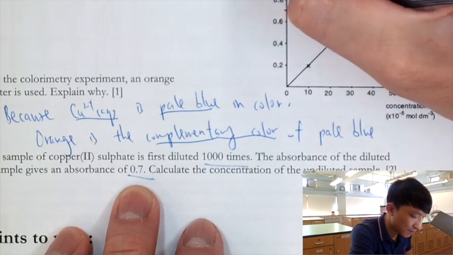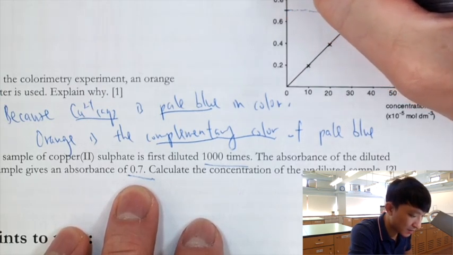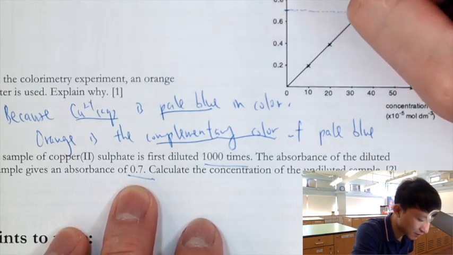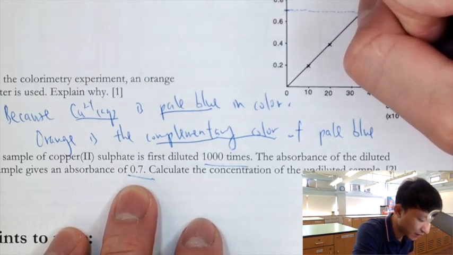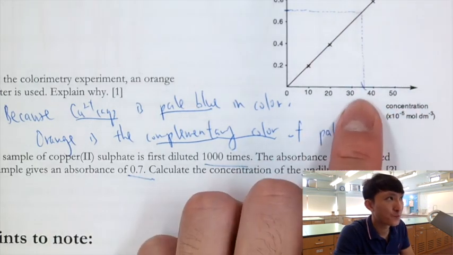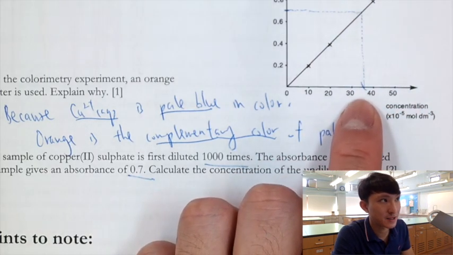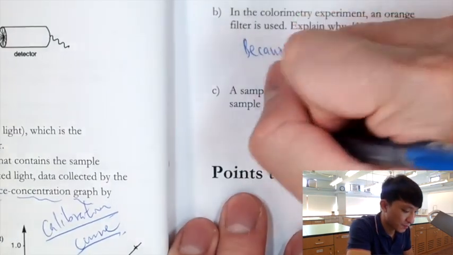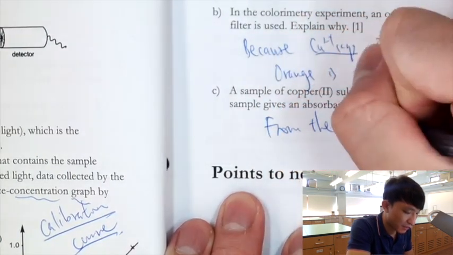If you extend this part and find the intersect, roughly you'll find, I guess, 36.